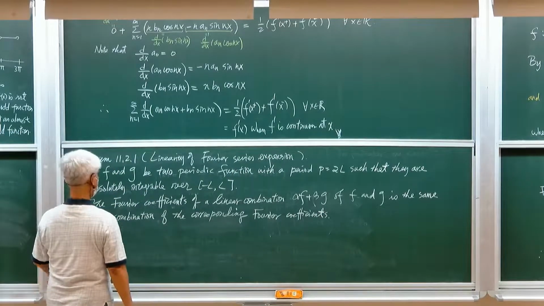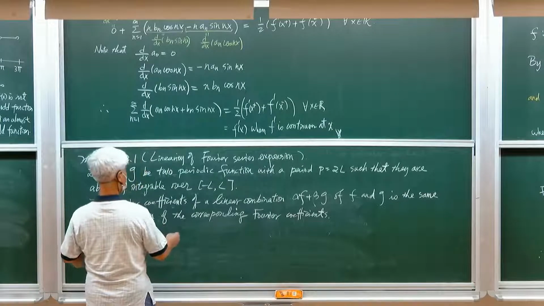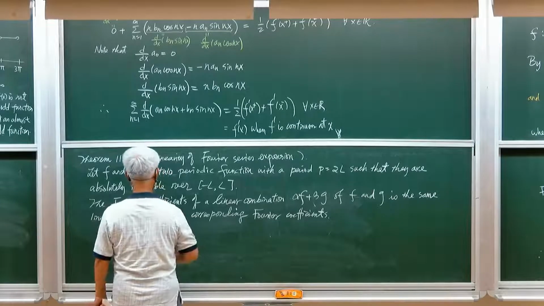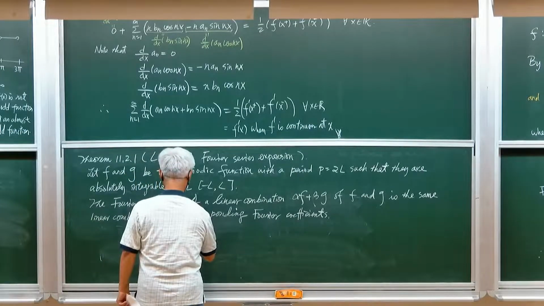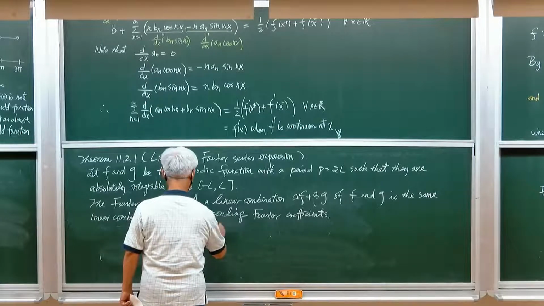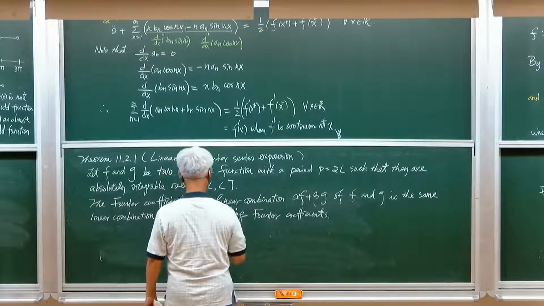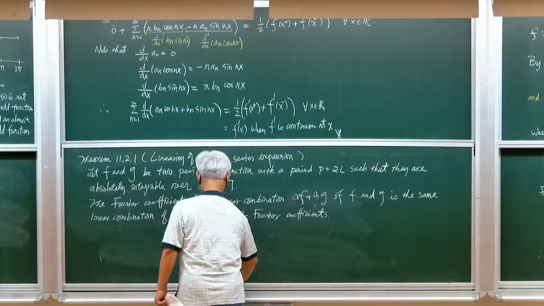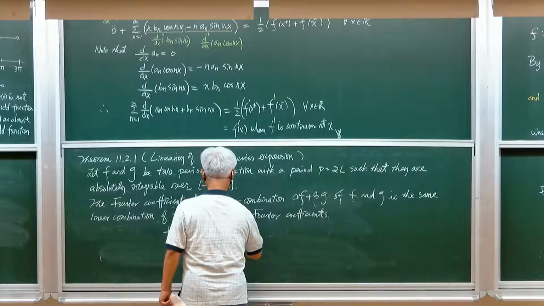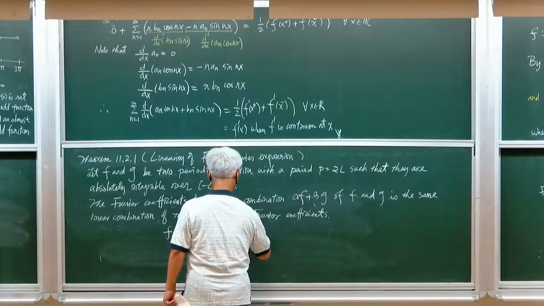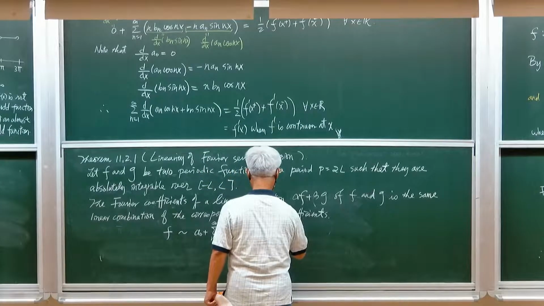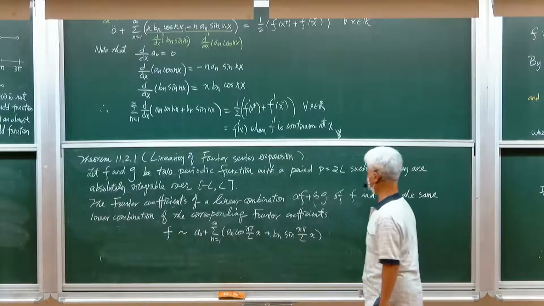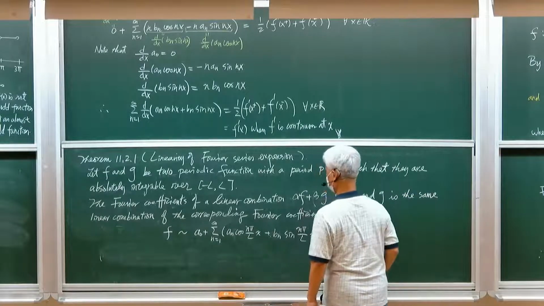All right, so this shows that if f is generated by a0 plus the summation from n equals 1 to infinity of an cosine n pi x over L plus bn sine n pi x over L, okay, so the f is here, and the g.